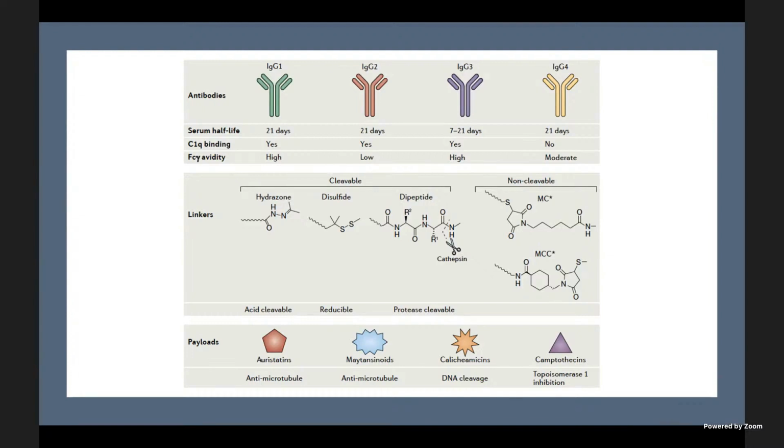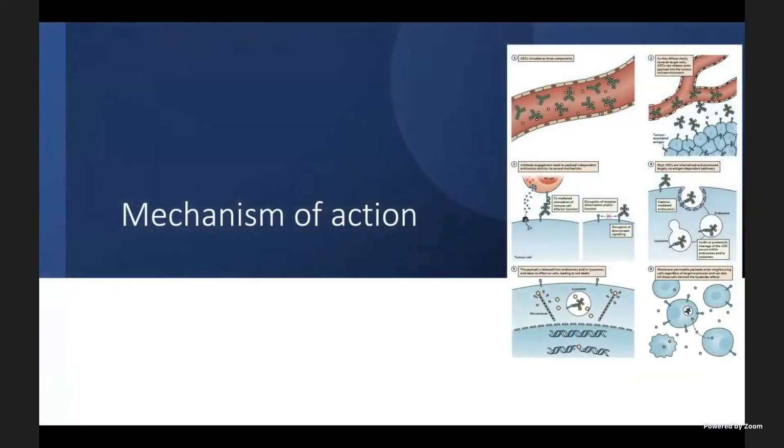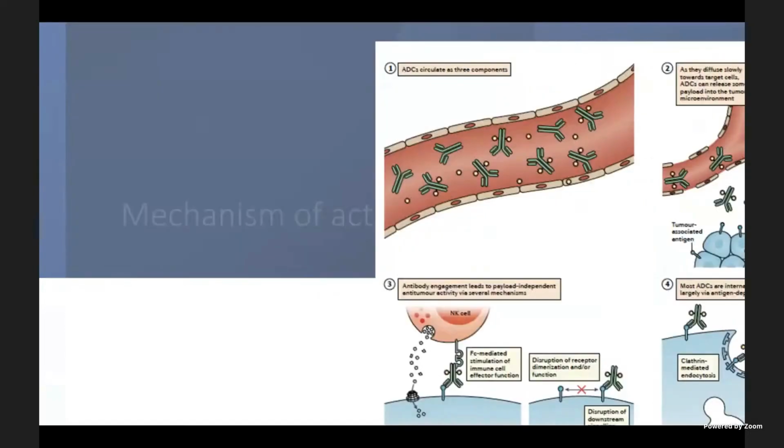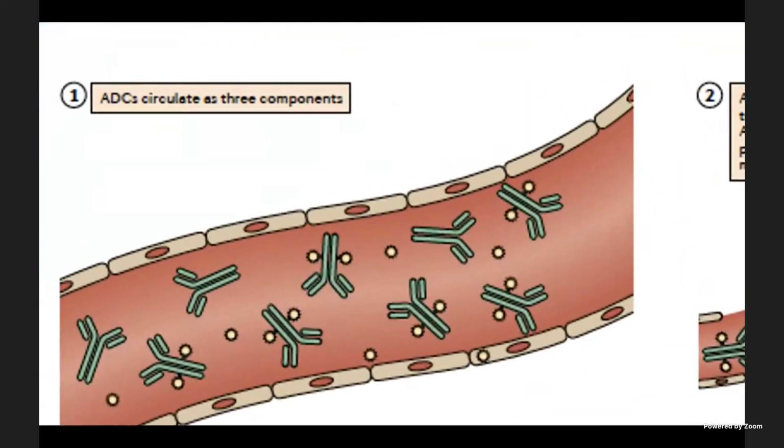The payloads, you can either have antimicrotubule, you have DNA cleavage, you have topoisomerase inhibition, which is actually the one which will be also working. Now, if we look at the mechanism of action of ADCs, these ADCs mostly circulate as three components.